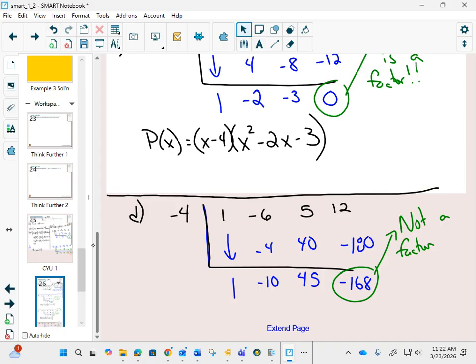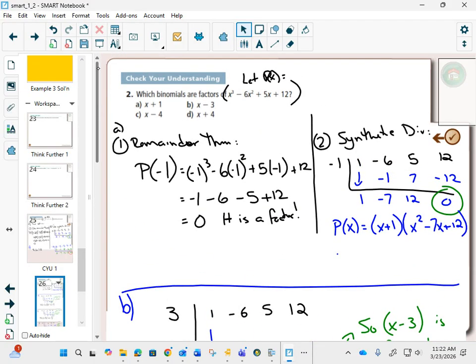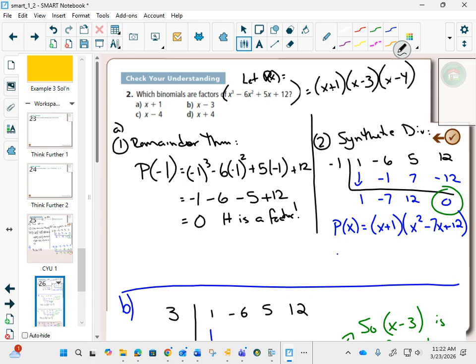And everybody got this down? I'm going to scroll back up to the top. We found out that x plus 1 was a factor. We found out that x minus 3 was a factor. And we found out that x minus 4 was a factor.